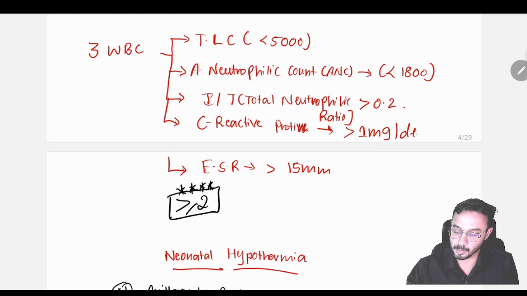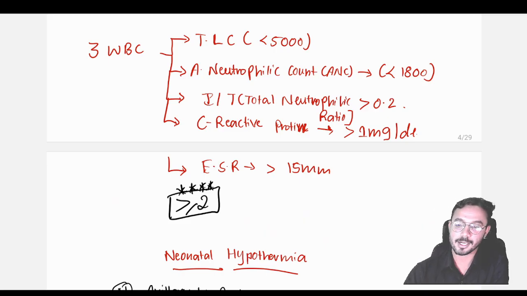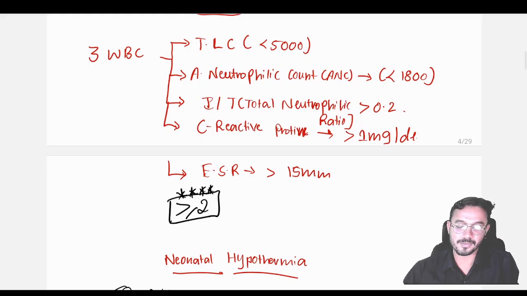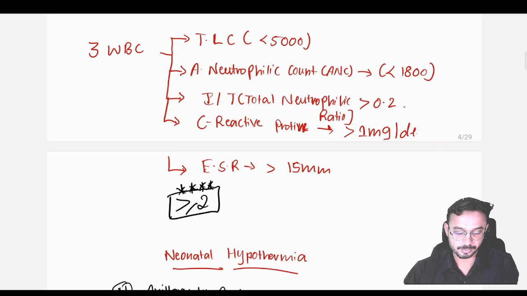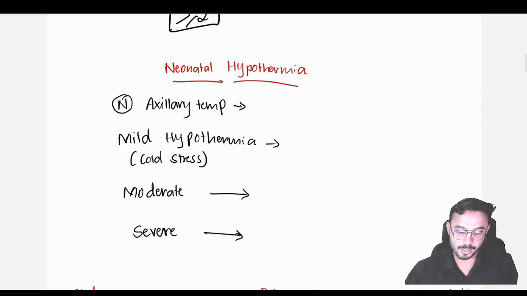If the baby's leukocyte count is less than 5000, the neutrophil count is also less than 1800, and the IT ratio is greater than 0.2, then you can tell the baby is suffering from neonatal sepsis. Okay, so this is about neonatal sepsis, very, very important. How do you prevent it? Hand washing and maintaining proper sterility.